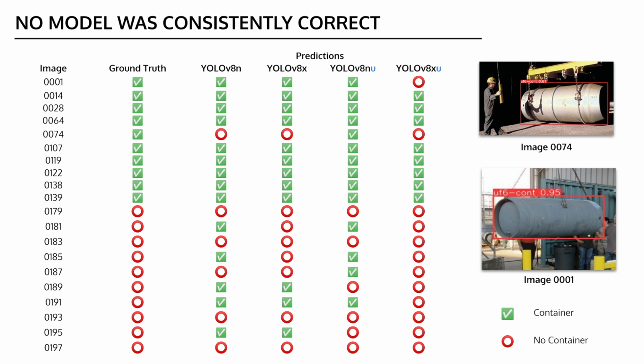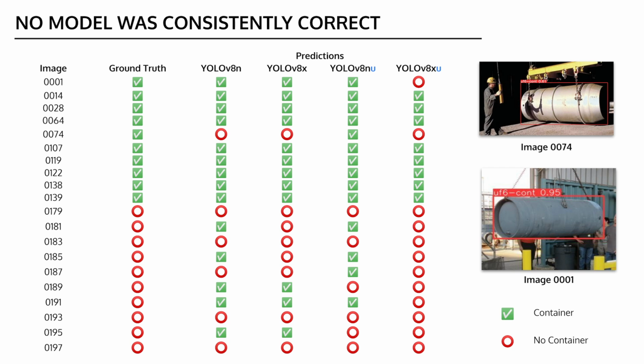The green checks say those images have containers in them, and the red circles say these images do not have containers in them. What we are trying to achieve is to have our 4 models perform predictions on these images, and we want our predictions to match our ground truth. We want the model to be able to tell that the images with the red circles do not have a container in them, and the green ones do.